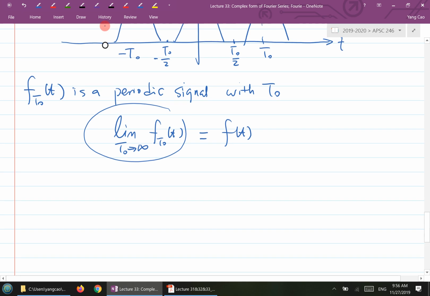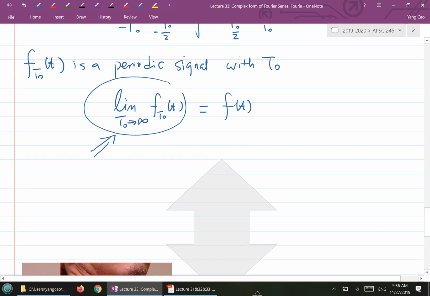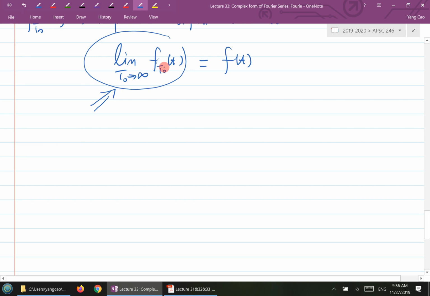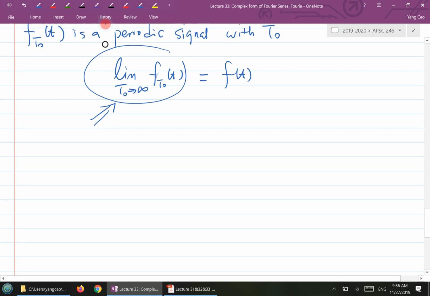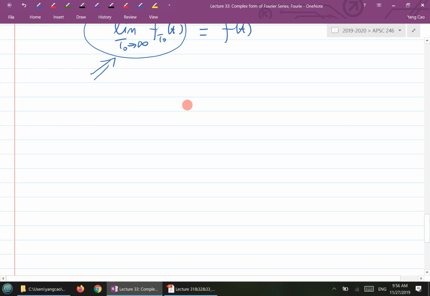So the focus here is I will make use of the Fourier series that I have learned, apply it to this periodic function, and then at the end I will let t naught go to infinity to obtain f of t. So that's the train of thought here. So what is f t naught t?